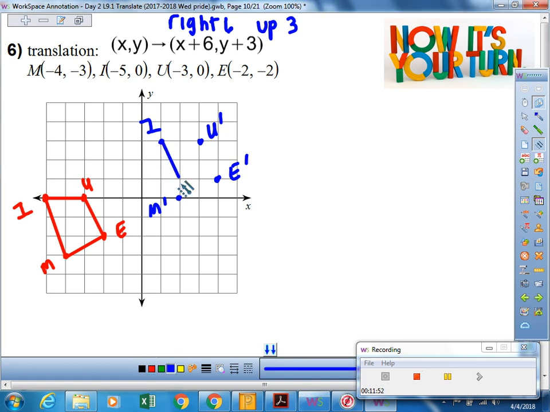All right, and here is your image. Remember, it should be the exact same shape that you had. All right, next up. Any questions on that one?